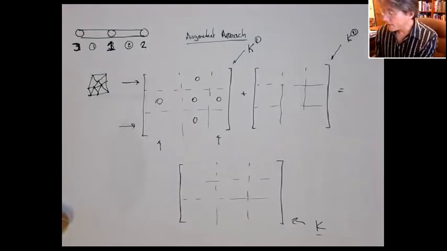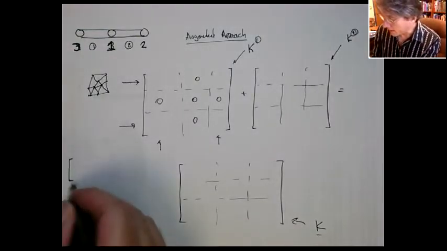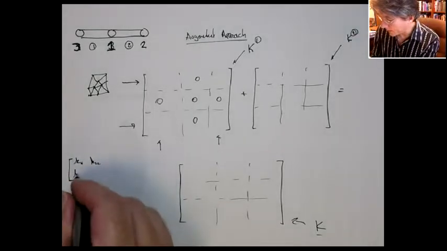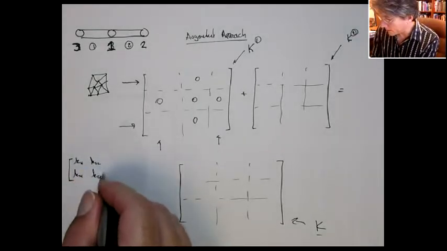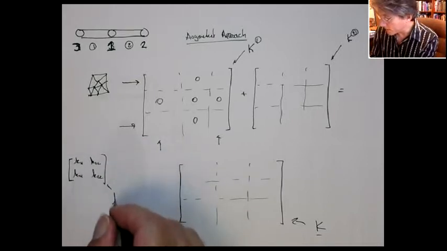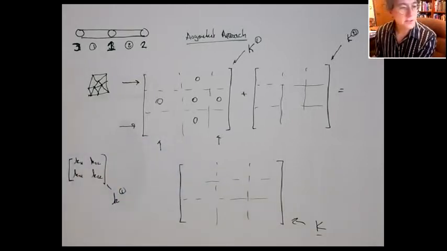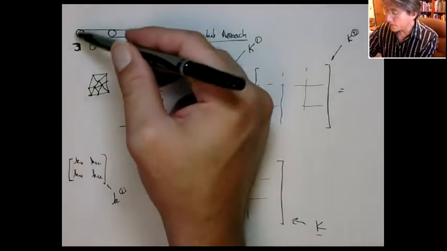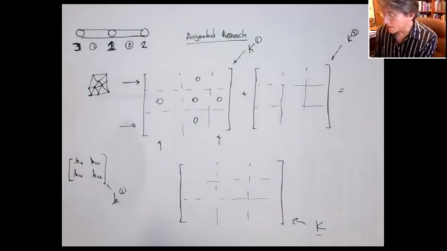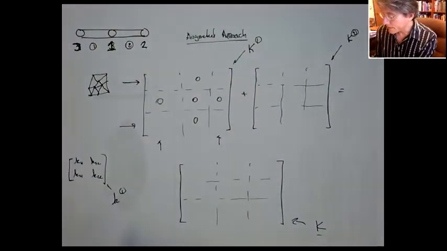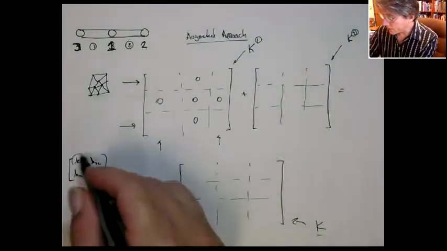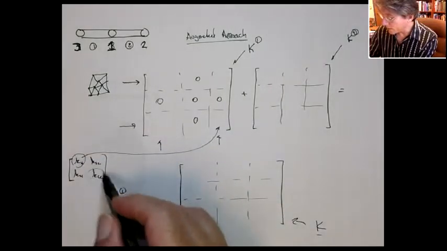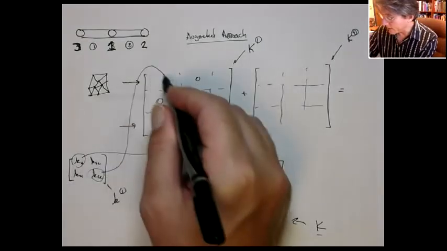Now technically, this is kind of a subtle thing. If I look at K11, K12, K21, K22, the components of the element stiffness matrix for the first element, since the first degree of freedom is node 3, this one should technically go here. This one on the diagonal should technically go here.